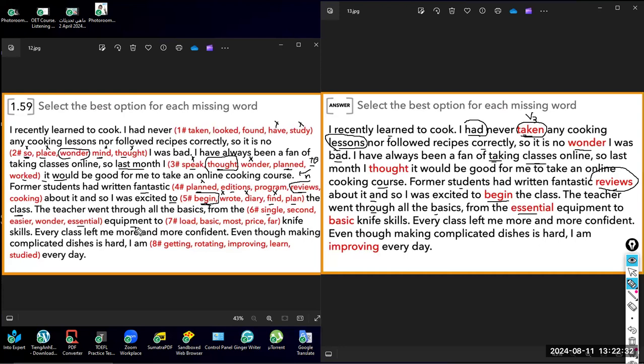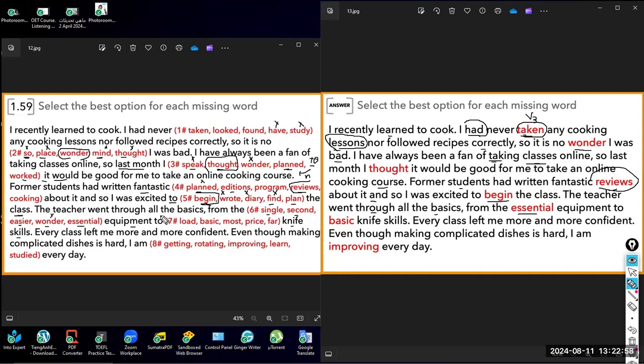It's not about single equipment, because notice that after it we have knife skills, so not single equipment or even second equipment. And absolutely, we have wonder, for example, or easier. It's not about comparative or even wonder. So I have to say essential.